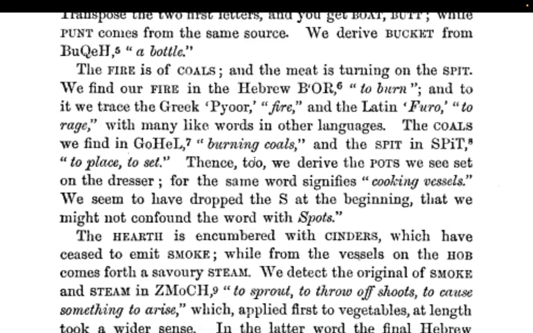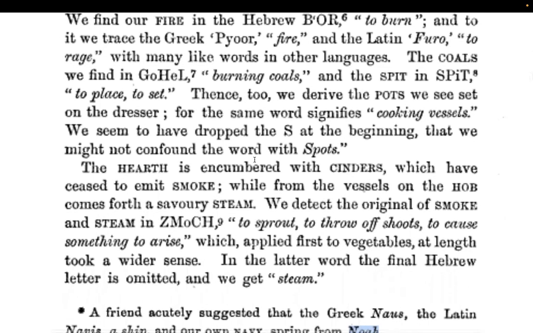The coals we find in gahel, burning coals, and the spit in spit, to place, to set. Thence too we derive the pots we see set on the dresser, for the same word signifies cooking vessels. We seem to have dropped the S at the beginning, that we might not confound the word with spots.